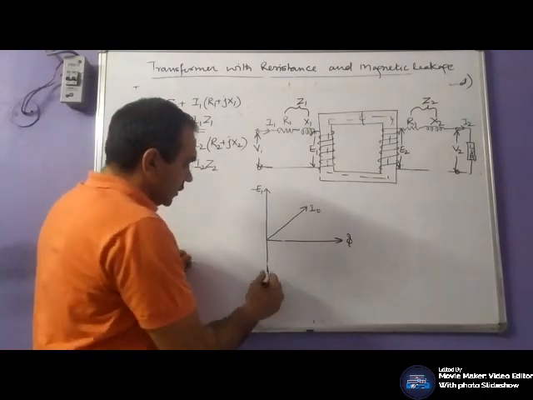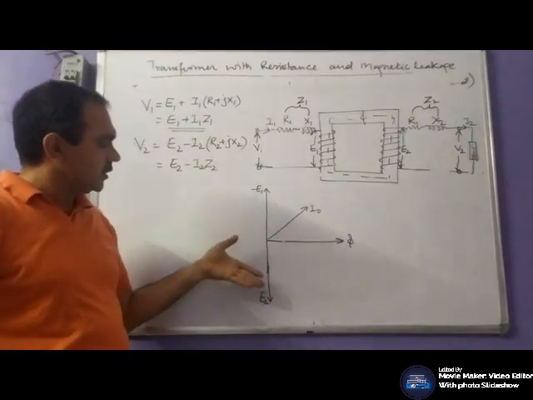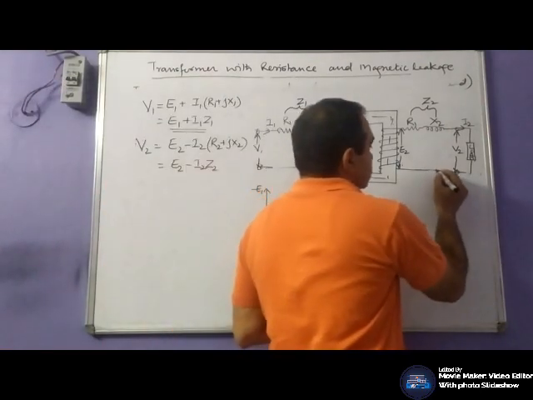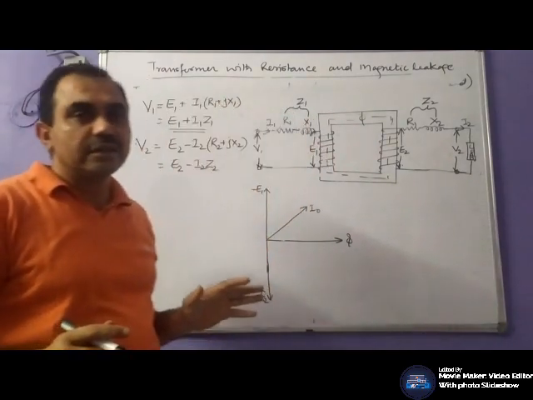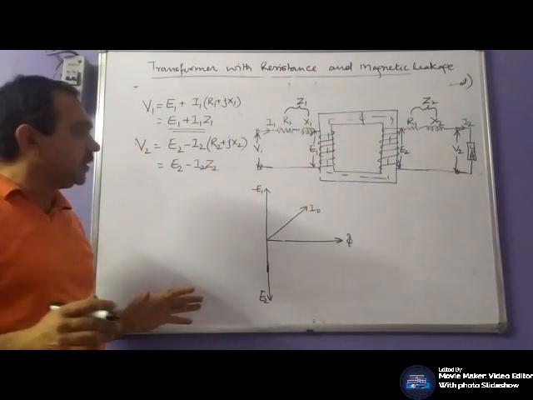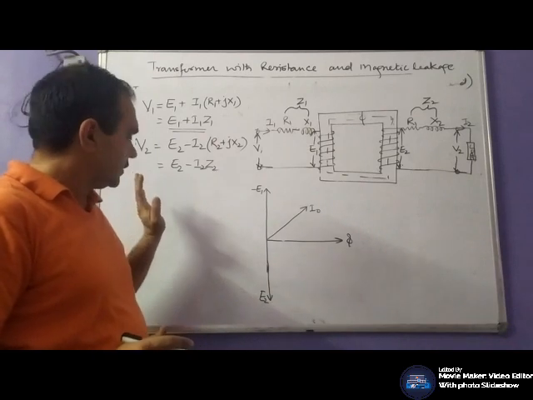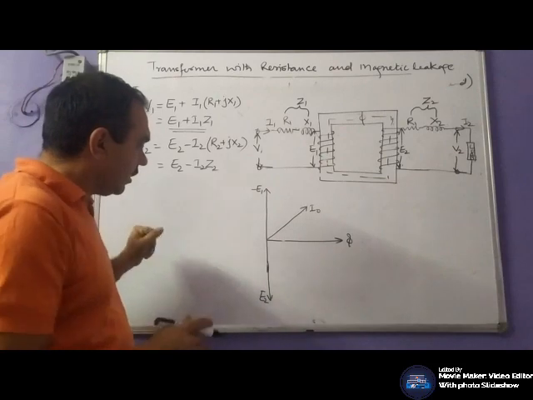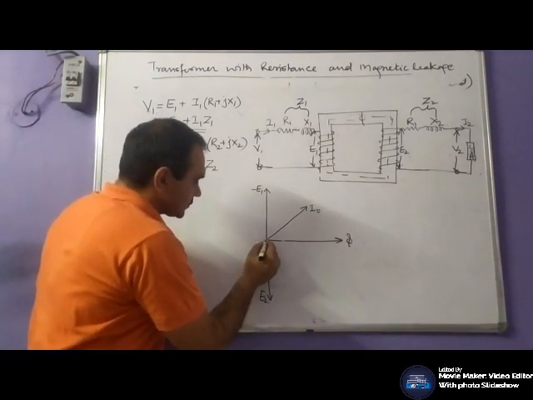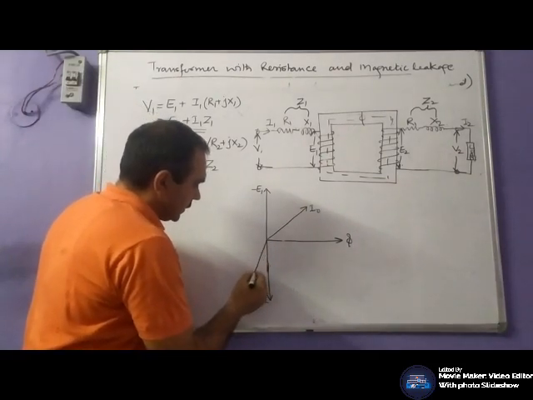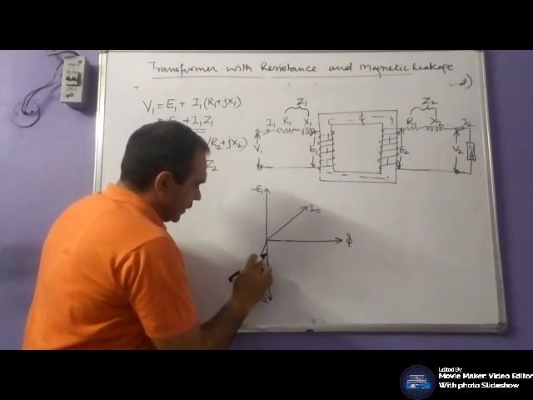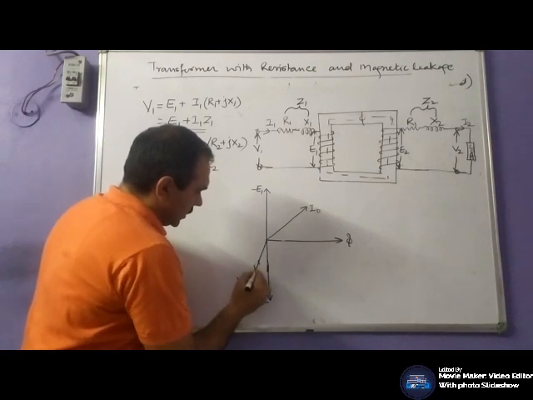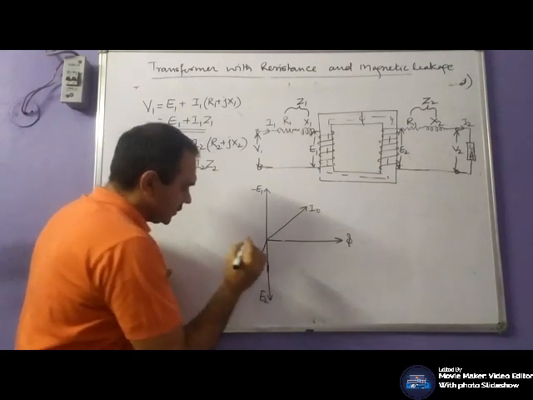Now, when the load is purely resistive, one thing is clear: V2 and I2 would be in the same phase. So how will you represent it? Let this be V2 and I2, both in the same phase.